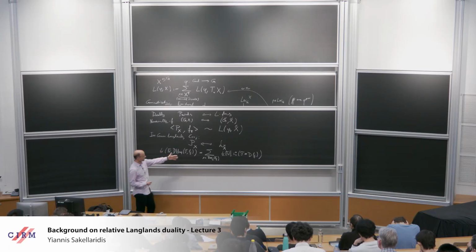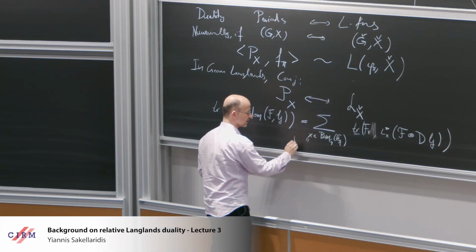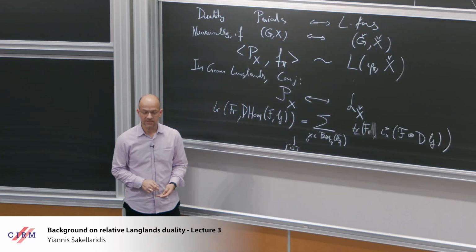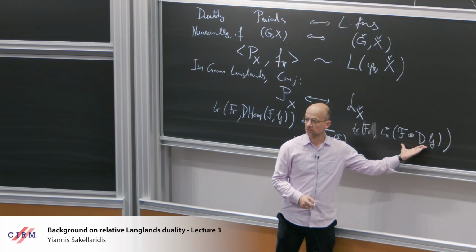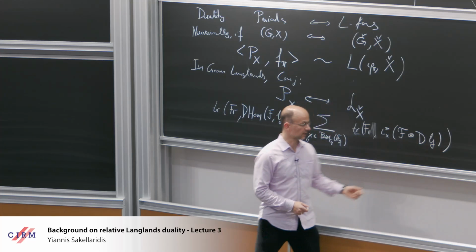On the right-hand side, we recognize the integral. This can be written as the integral over what I was denoting yesterday by brackets G of two functions, the function associated to F and the function associated to the dual of G.